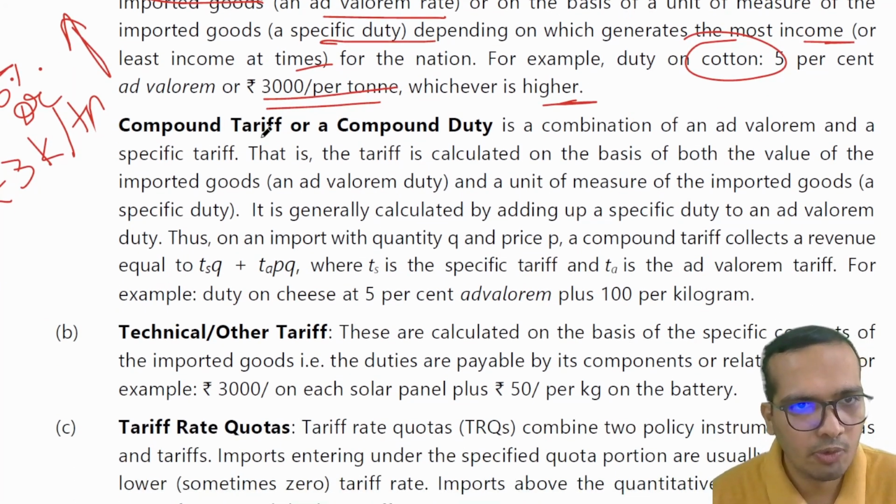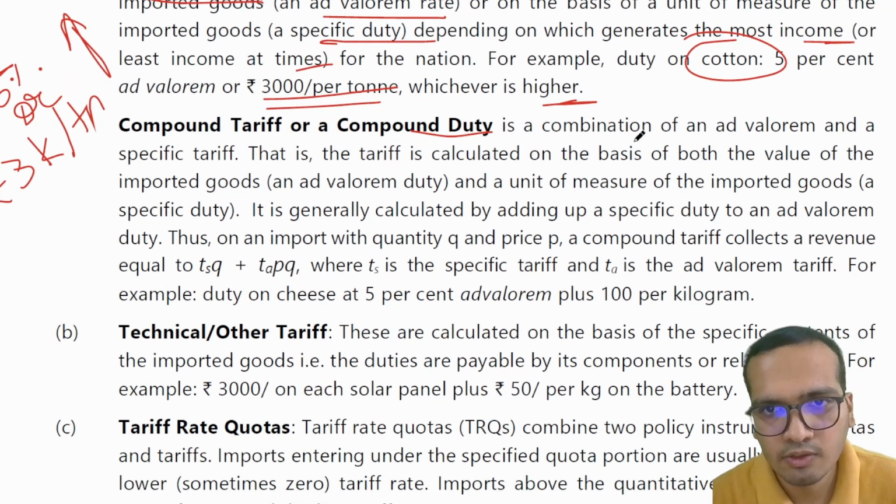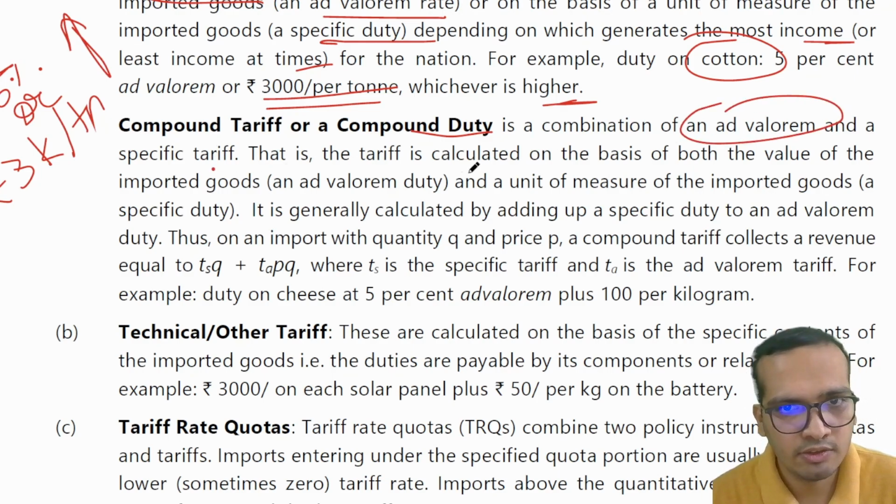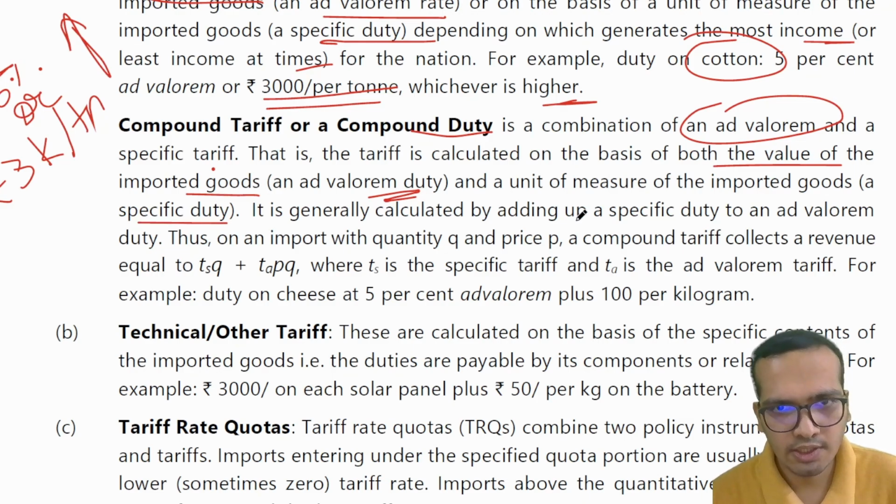Then comes compounded tariff or a compound duty. It is a combination of an ad valorem and a specific tariff. That is, the tariff is calculated on the basis of both the value of the imported goods, that is ad valorem, and a unit of measure of the imported goods, that is specific duty. It is generally calculated by adding a specific duty to an ad valorem duty.